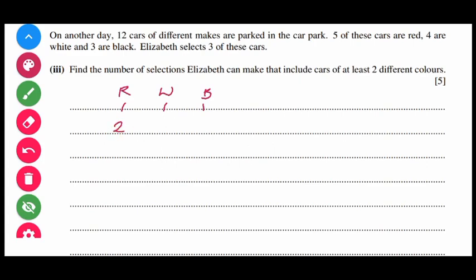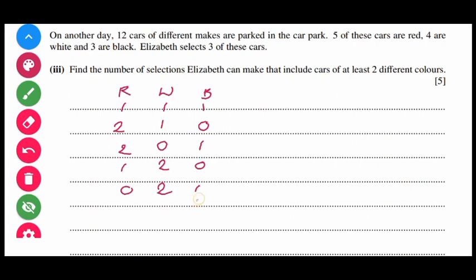There are two reds and one white, black is not there. There are two reds, zero white, one black. Now there are two whites, one red, no black. Or there are two whites, one black, no red.